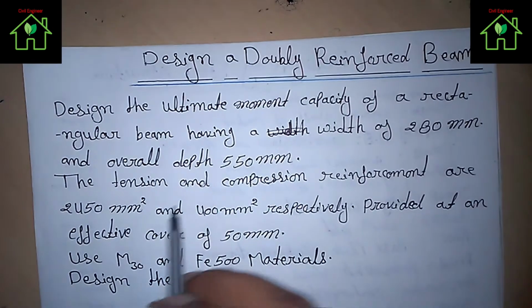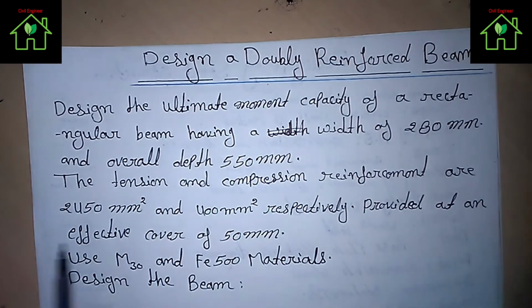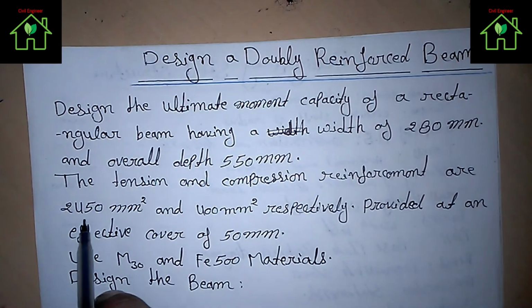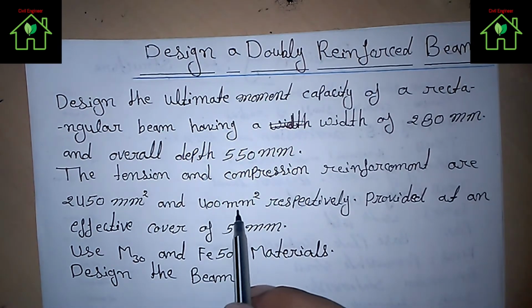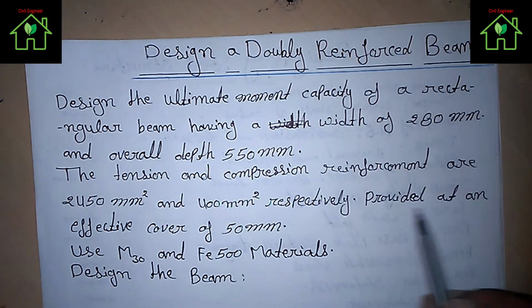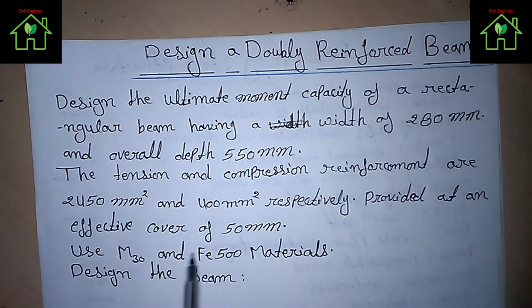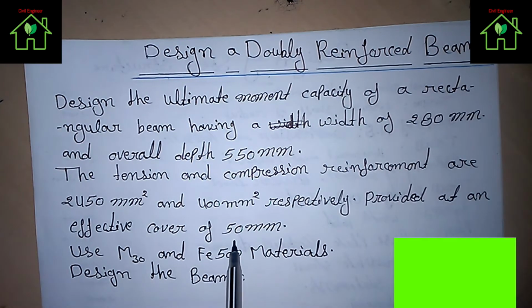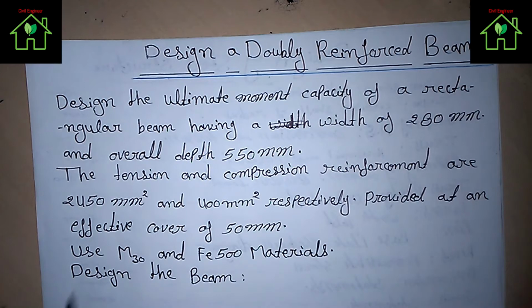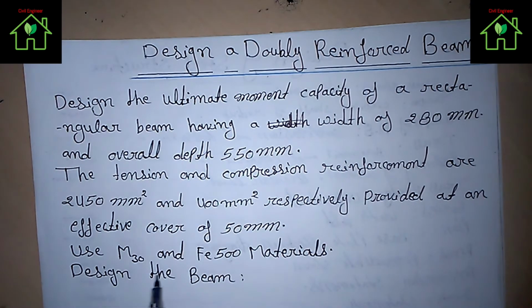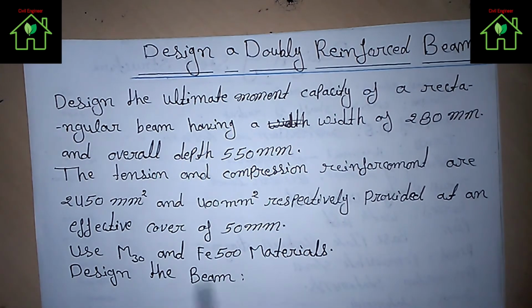The tension and compression reinforcements are 2450 mm square and 400 mm square respectively, provided at an effective cover of 50 mm. Use M30 and Fe 500 materials.